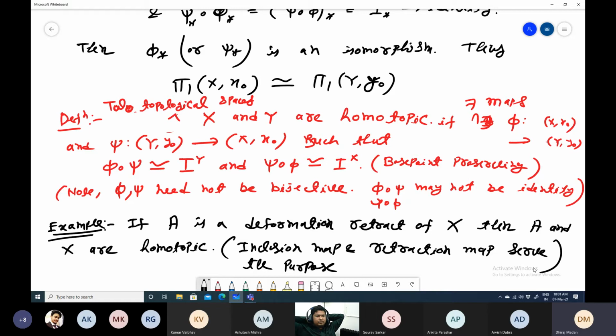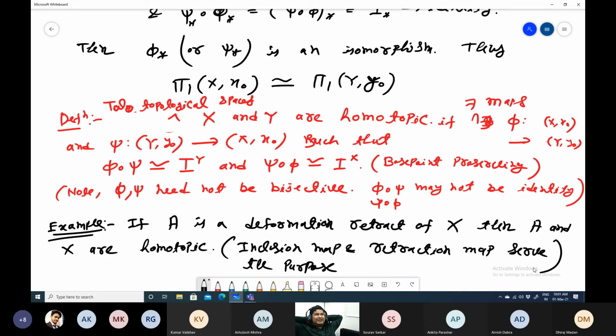Like, are there any other examples except retraction and plain homeomorphism? Homeomorphism will always be a special case, okay. Right, there are many. So what are the other examples?